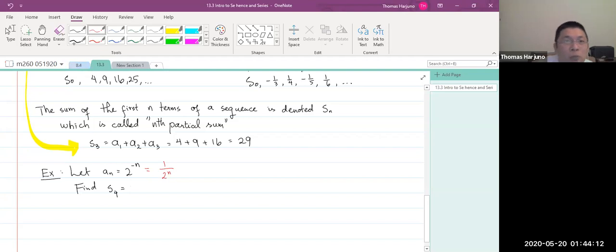So the first term will be 1 over 2 to the 1, right? Plus the second term, 1 over 2 squared, plus the third term, 1 over 2 cubed, plus the fourth term, 1 over 2 to the fourth. So you see, this is S subscript 4, the fourth partial sum, the sum of the first 4 terms.